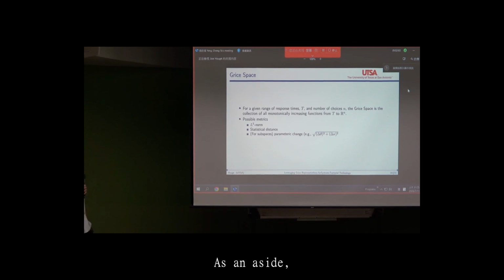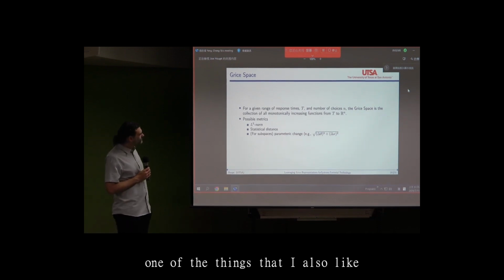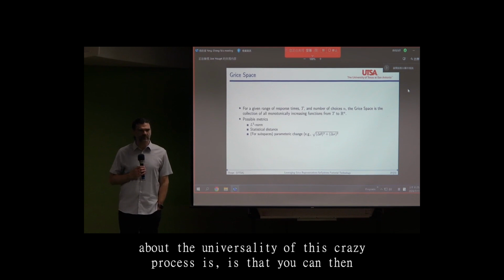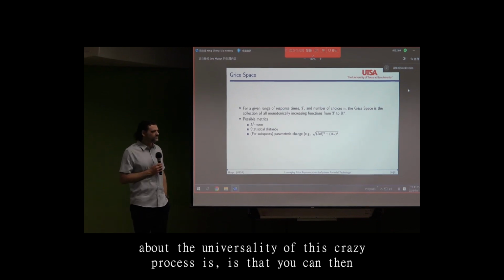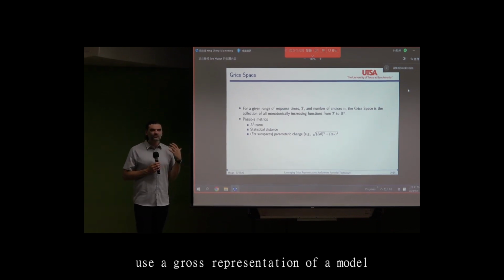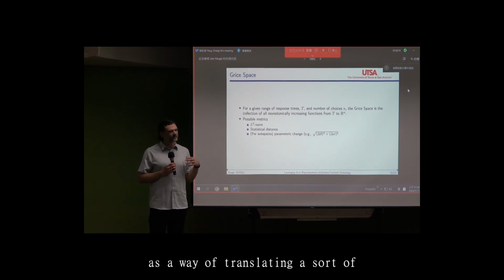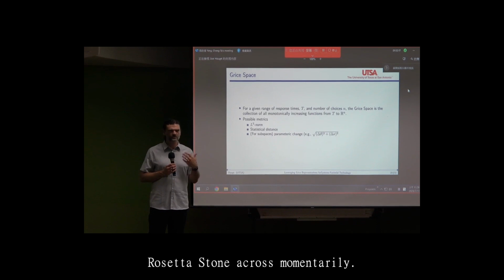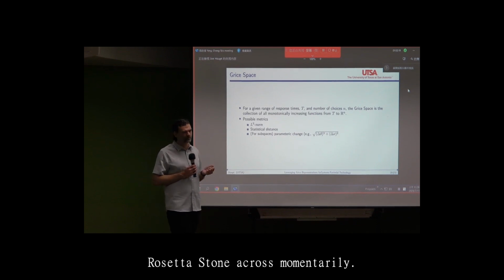As an aside, one of the things that I also like about the universality of these GRICE processes is that you can use a GRICE representation of a model as a sort of Rosetta Stone across modeling frameworks.